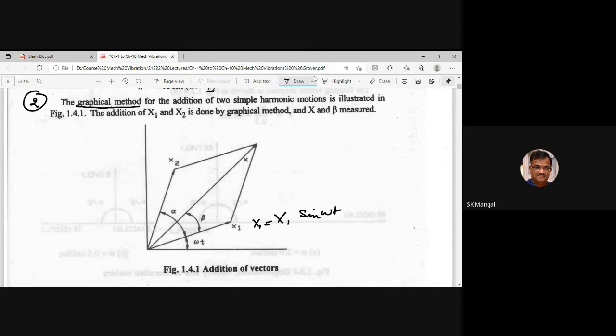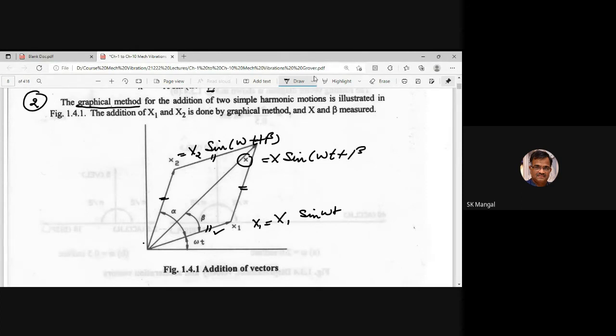You plot this vector first, then you plot the second vector x2, nothing but x2 sine omega t plus beta. Then you can make a parallelogram here. This is parallel to this and this is parallel to this, and you can make a resultant SHM vector, given by x sine omega t plus beta.